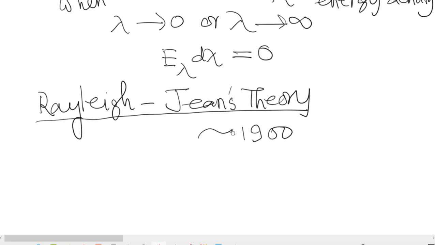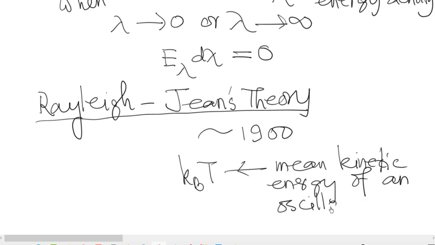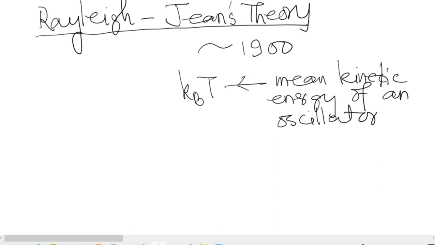According to the principle of equipartition of energy, an oscillator in equilibrium with the source at a temperature T possesses a mean kinetic energy kBT, where kB is a constant known as the Boltzmann constant.